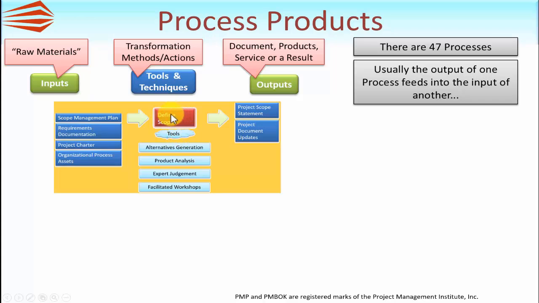In the case of define scope, something called alternatives generation, product analysis, expert judgment, and facilitated workshops. In terms of the output or outputs from each process, in this case there's 2. One is the project scope statement, which is a document, and the other is relevant updates to other project documents.